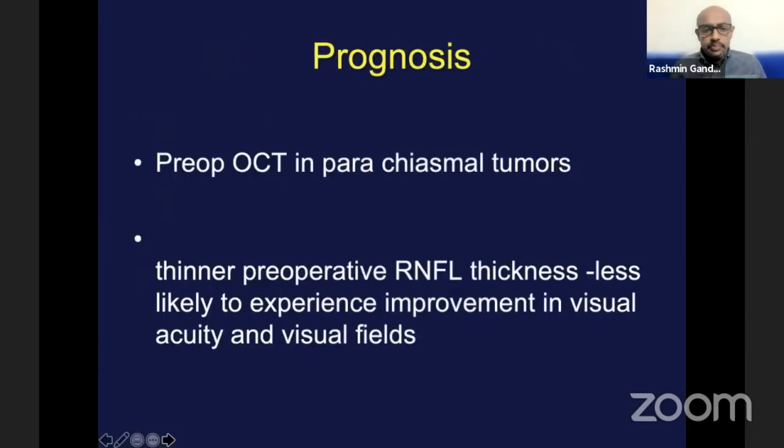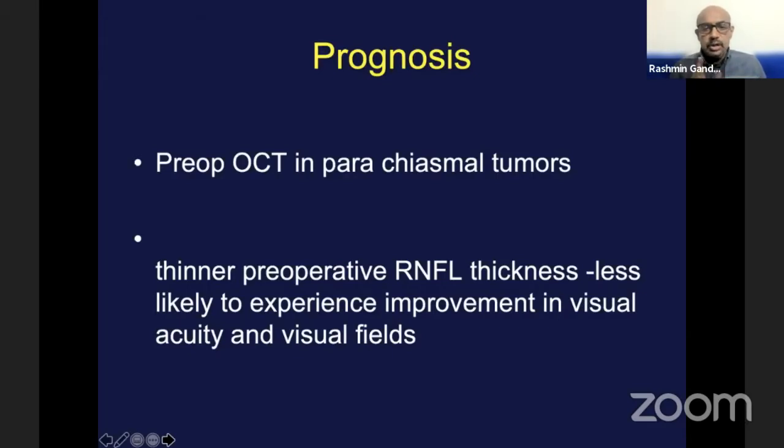What about prognosis? Helen Danesh-Meyer and Peter Savino published this paper a decade ago, where they did a preoperative OCT and looked at average RNFL in patients who were undergoing neurosurgery for parachiasmal tumors. And they concluded that if the average RNFL thickness was thin, those patients had much less chance of improvement of vision or resolution of visual field defect versus somebody who had an average RNFL thickness of more than 70 microns or so.